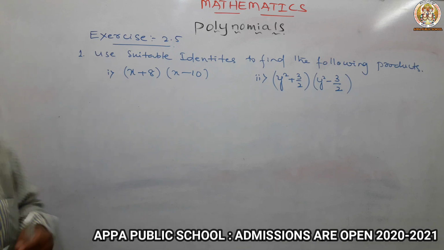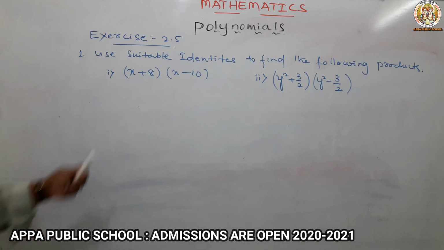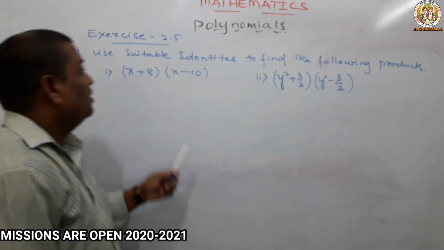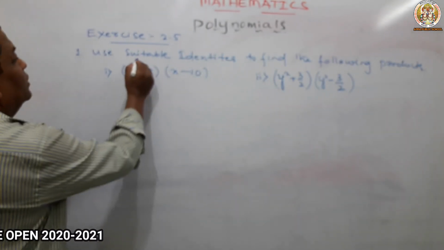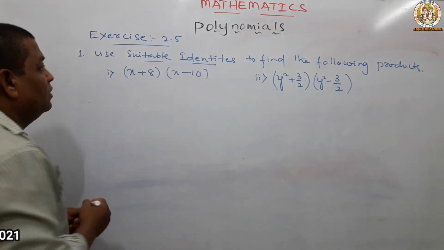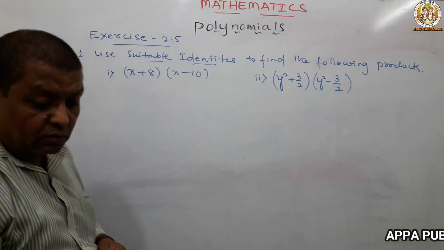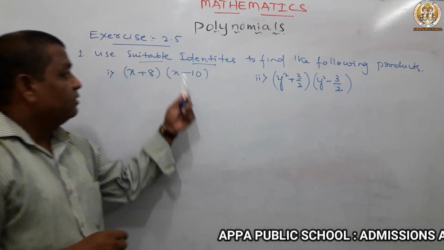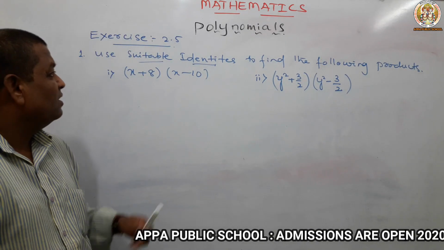I took two sums here of different kinds. What is the question? I am repeating once again. If you understand the question, then you can solve sums easily.